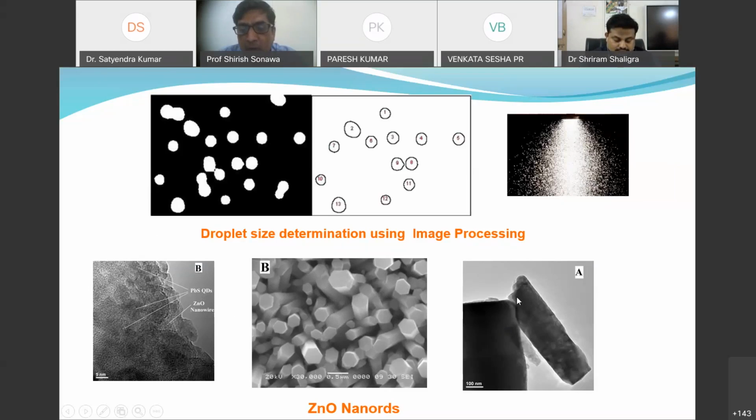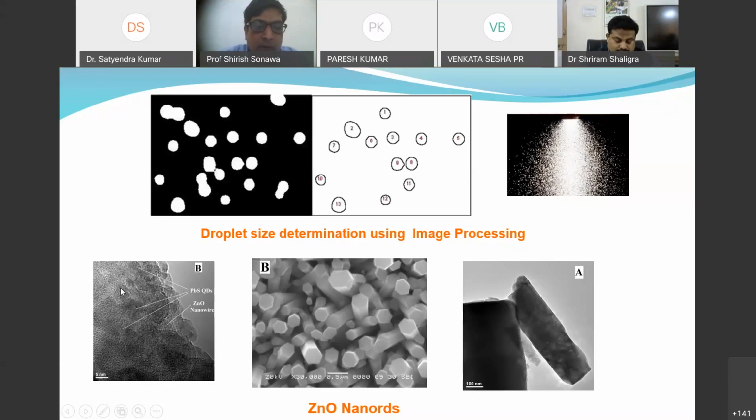One nanorod, if you look, is maybe a diameter of 100 nanometers. So with almost uniform shape, you are able to get the nanorods through this ultrasound atomization process. And this has a number of applications, as I told you, such as solar cell kind of energy devices.